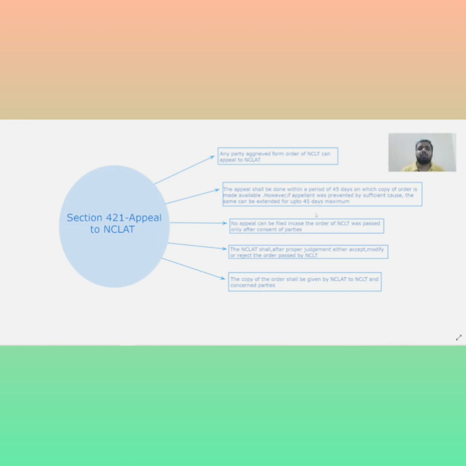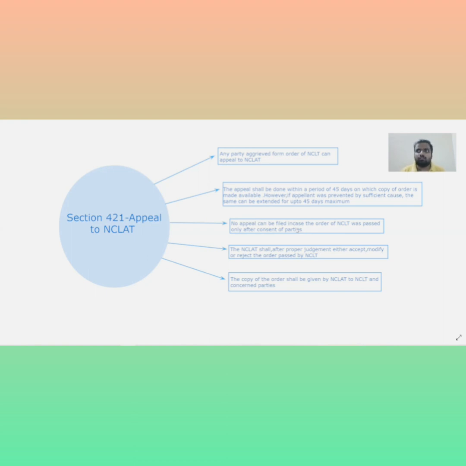Now, if an order from the NCLT has been passed with the consent of the concerned parties, you cannot go to the NCLAT. If I explain with an example, you and your friends went to the teacher. Who is your teacher? Your teacher is NCLT. The teacher gave a brilliant solution. You and your friend liked it and settled for the same.